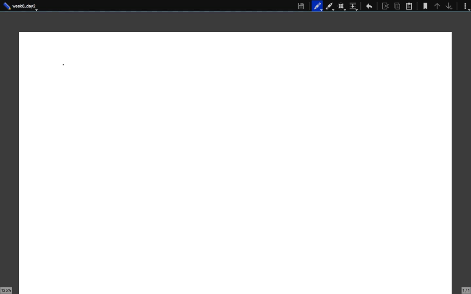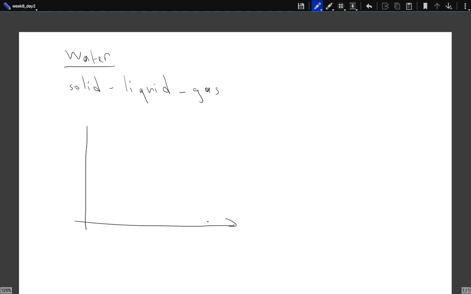Now, one of the most commonly known phase transitions would be, for example, water. We have the solid phase, liquid phase, and the gas phase. And our common experience is, for example, in one atmosphere, if you consider the pressure as a function of volume. Now, let's look at how the phases change as a function of the temperature.